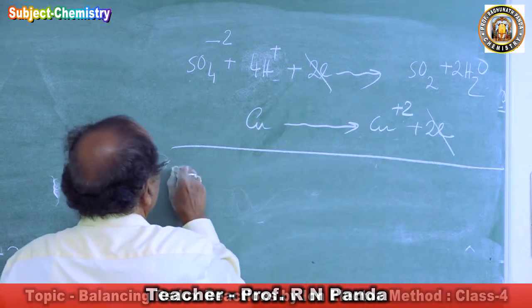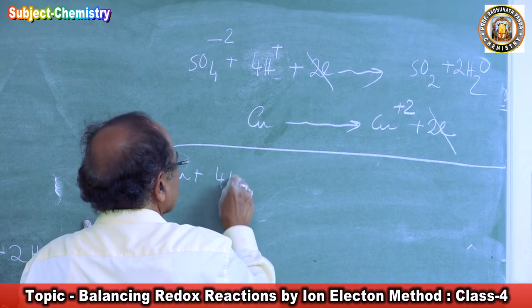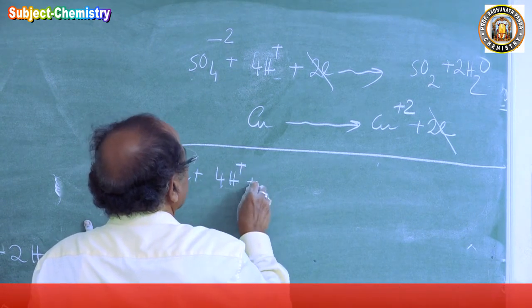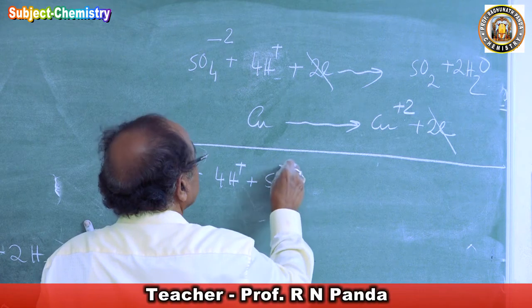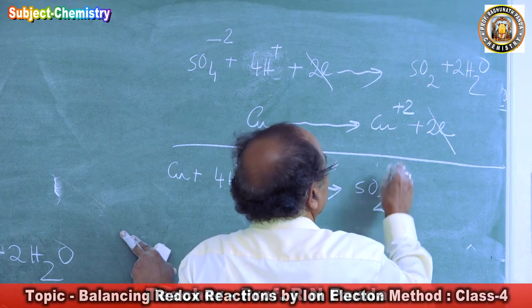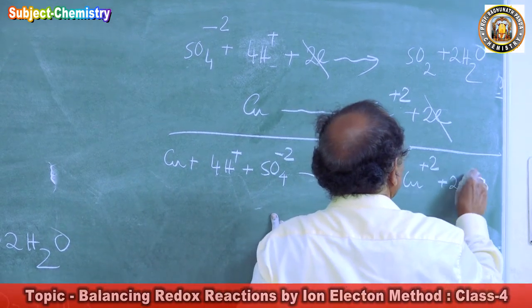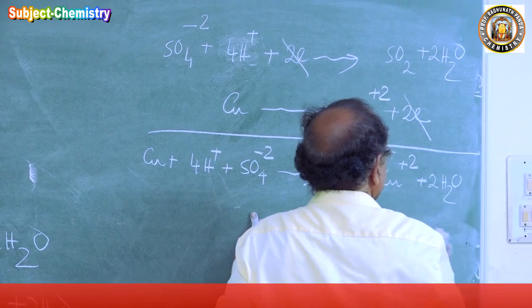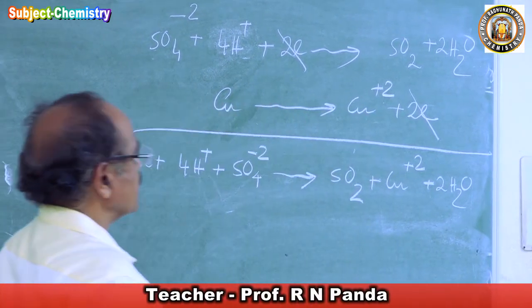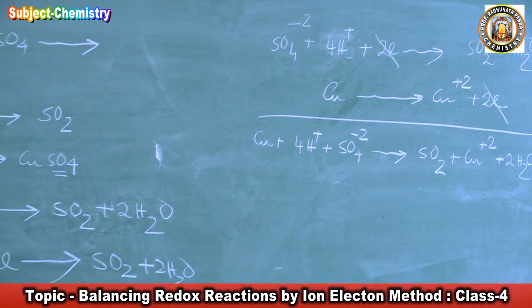Just add and you get copper plus 4H plus plus sulfate minus 2 gives sulfur dioxide plus Cu plus 2 plus 2 water. Balanced. This is the ionic form of balancing.